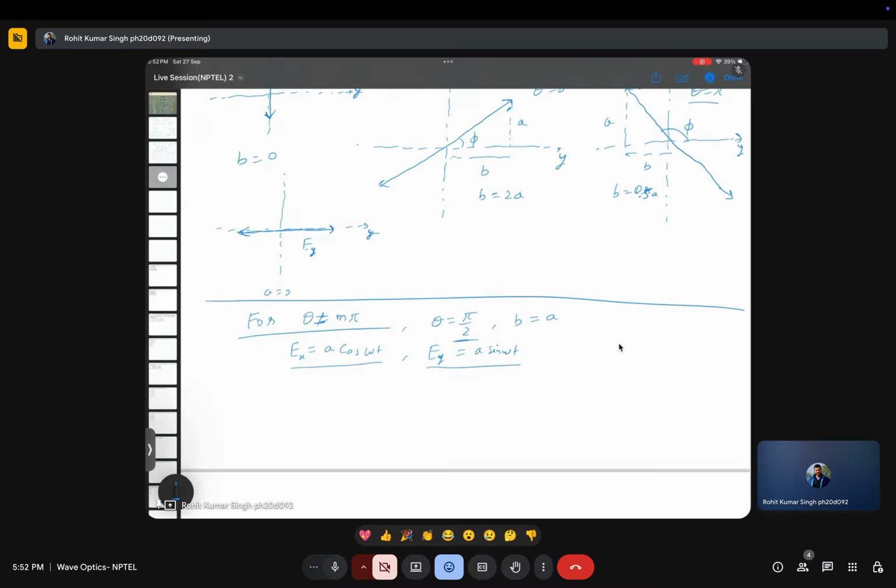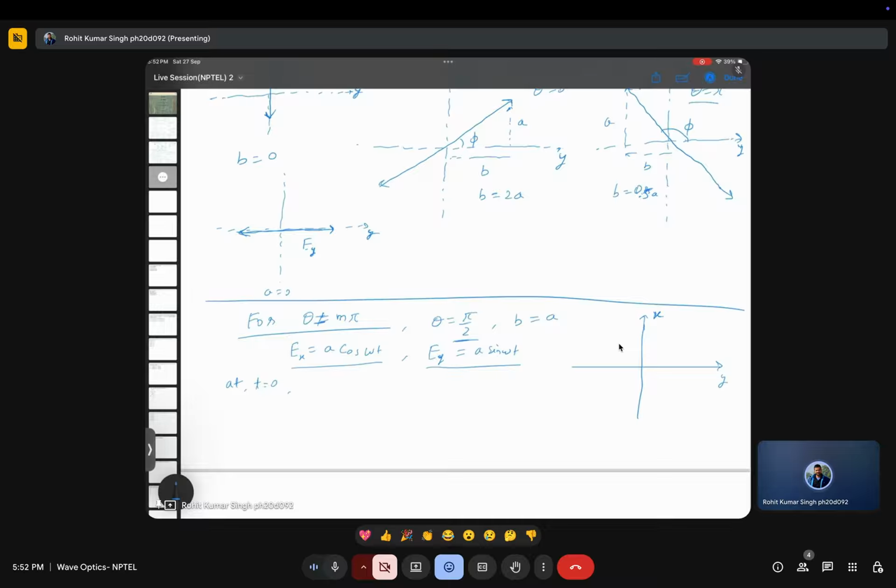Now to check that, let's draw the axes again. This is y, this is x. And let's calculate these values at different time frames. Let's check at t equal to 0.